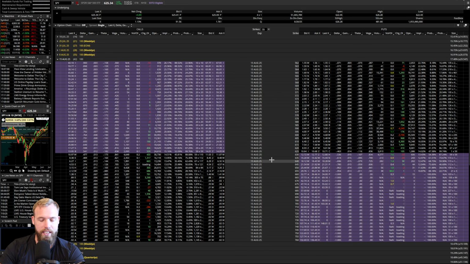Now, we can look at any one of these premiums and we can deconstruct it because we already know one important factor, that every single option, the premium is built of 2 components, intrinsic and extrinsic value. Intrinsic is simply how far in the money it is. And then extrinsic is built of 2 components. We have the duration, so the actual days to the contract, and then an implied volatility input.